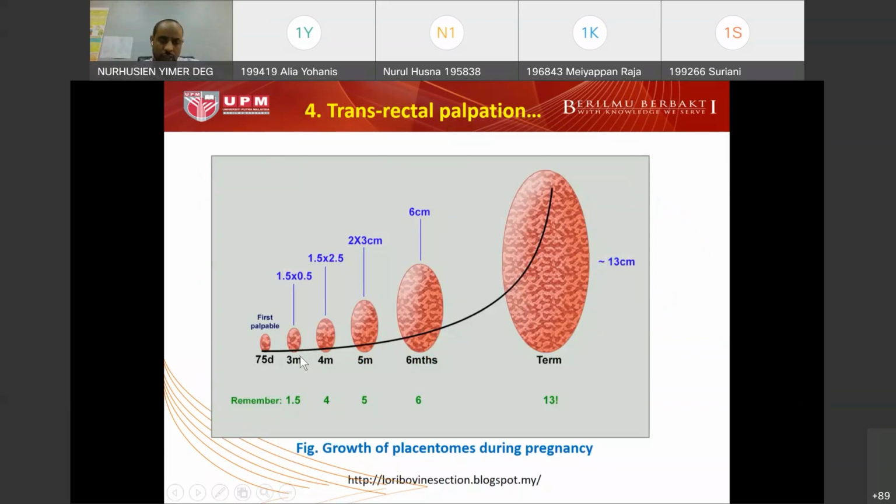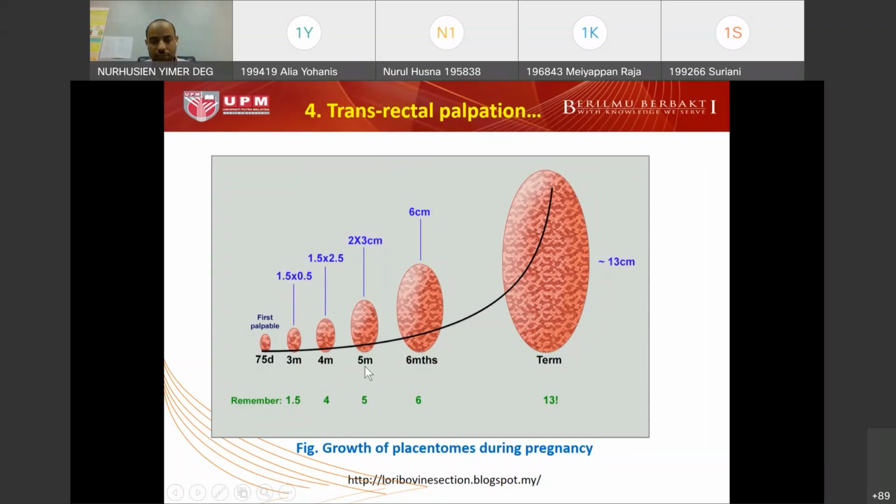So as we are at the end of the first trimester, the 3rd month of pregnancy, we're expecting a measurement of 1.5 by 0.5 for the size of the placentome. And then at 4 months, we have 1.5 by 2.5.